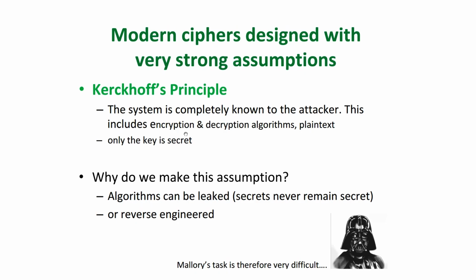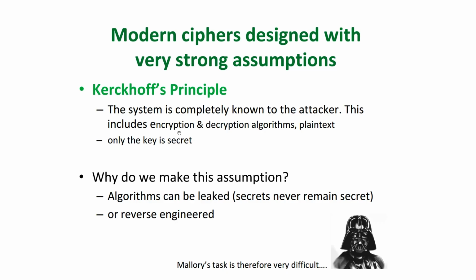They are designed with the assumption that an attacker could know everything about the algorithm except the secret key. For instance, the attacker would know the entire encryption algorithm and the entire decryption algorithm, and we also assume at design time that the attacker would be able to determine the plain text and the corresponding cipher text.